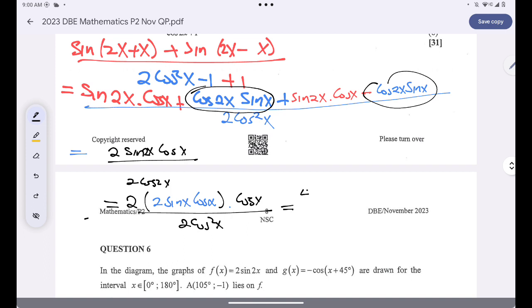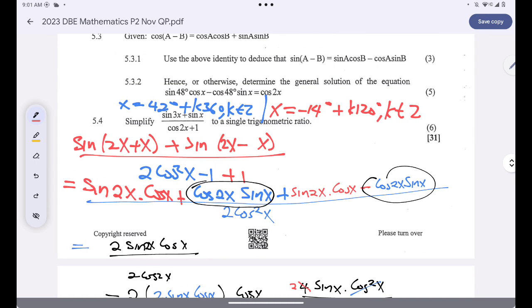This will give me 4 sine x multiplied by cos squared x all over 2 cos squared x. So this will cancel this one, and 2 goes into 4 twice, and I'll be left with 2 sine x. So this thing, whenever it's simplified to one trig ratio, is equal to 2 sine x.